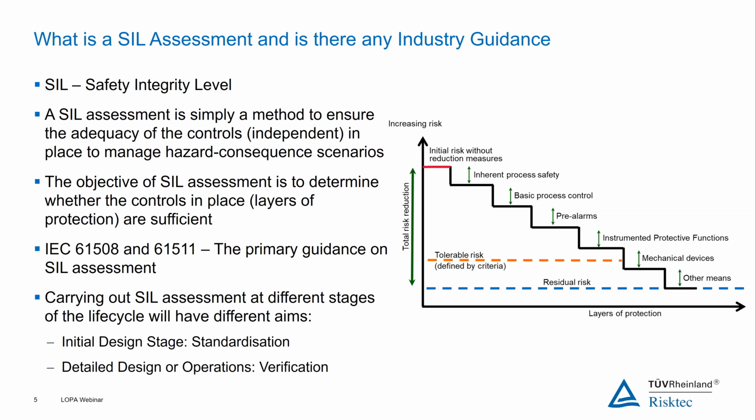So if there's any further information you want on completion of this course, or you want some bedtime reading, then those two documents are a good starting point. You see on the diagram on the right, we talked about the layers of protection, and we'll go into it in more detail when we talk about LOPA specifically. You can see the varying layers of protection that we're using and assessing to get from the tolerable risk, represented by the orange line, down to the residual risk, reducing the risk not only to a level that's tolerable, but ideally below that to a level we can consider to be a LOP.